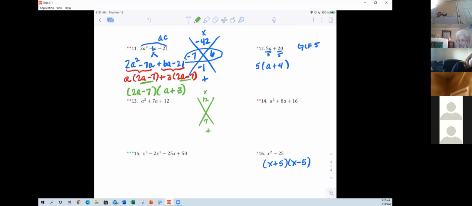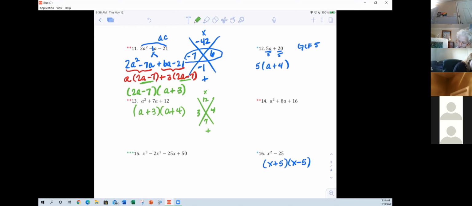No, that's 10. Maybe if one of them was negative, but no. 3 and 4. Yeah. 3 times 4 is 12, 3 plus 4 is 7. So this will be a plus 3, a plus 4.